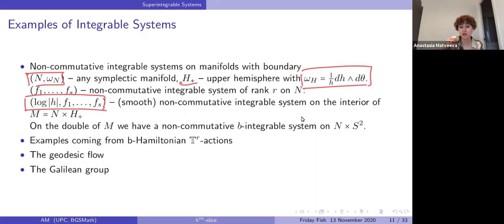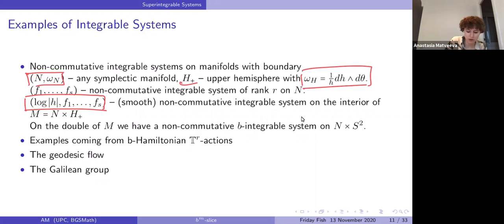And then once you double the manifold, you'll get the b-integrable system on the product of N with S2. So in the beginning, you have a perfectly symplectic form on the inside upper hemisphere, the same on the second half, and then you have the exceptional hypersurface along the equator. So you can construct integrable systems like that.